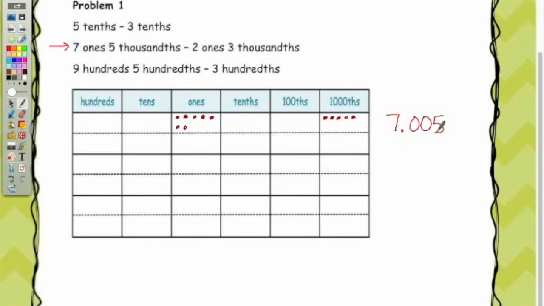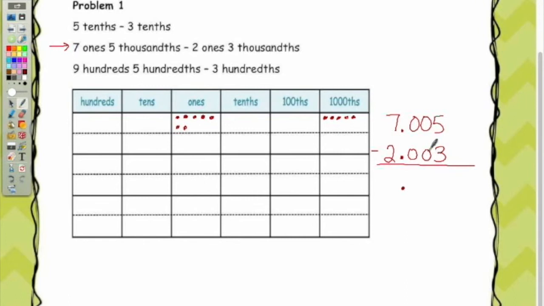Okay, so now, what am I subtracting? First of all, what do I need to do here? Yes, line up my decimals. Now I'll look at what I'm subtracting. 2 ones and 3 thousandths. So what goes here?